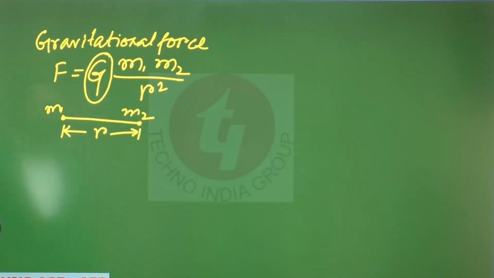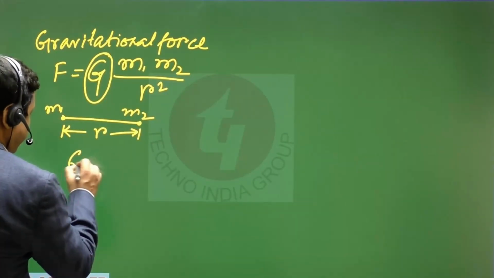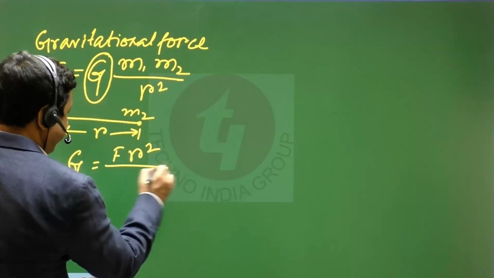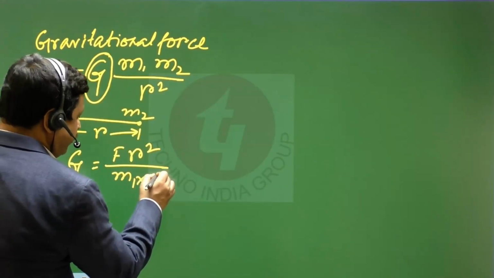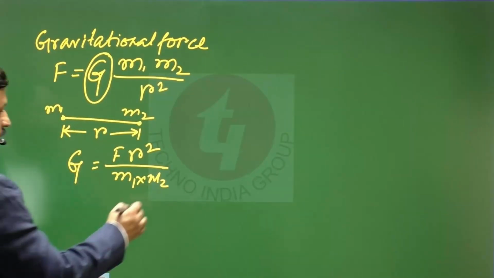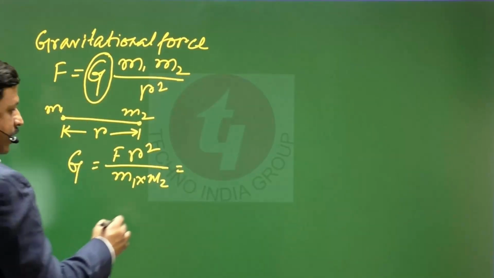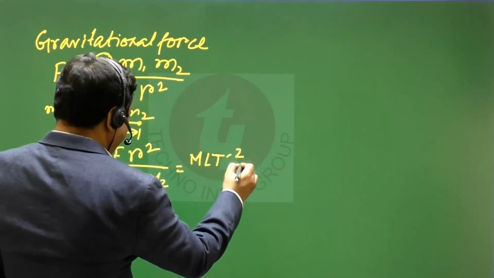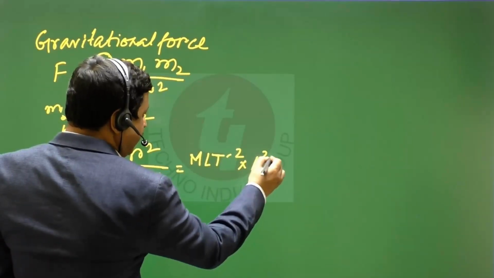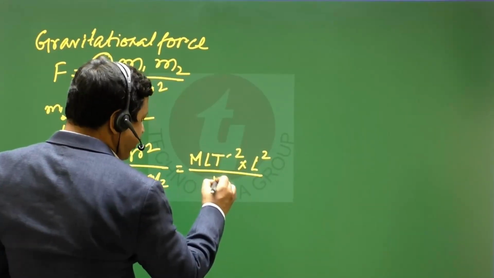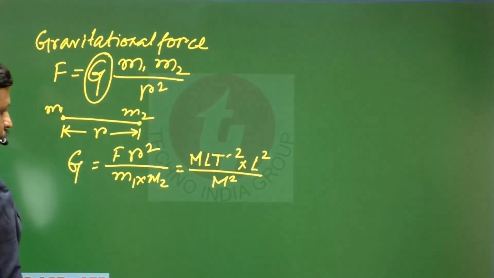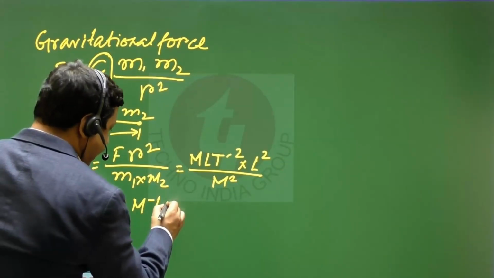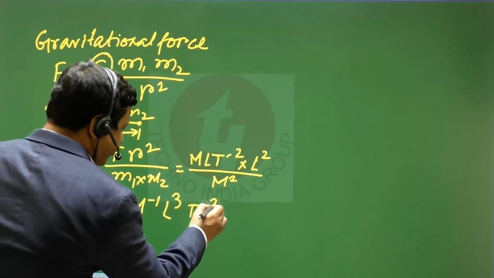Okay, say here G equals, we can write F r square divided by m1 into m2, right? Then what is the dimension of F? That is m L t to the power minus 2, and distance is L, so L square, divided by m into m, that is m square. So the dimension will be m to the power minus 1 L cube t to the power minus 2.